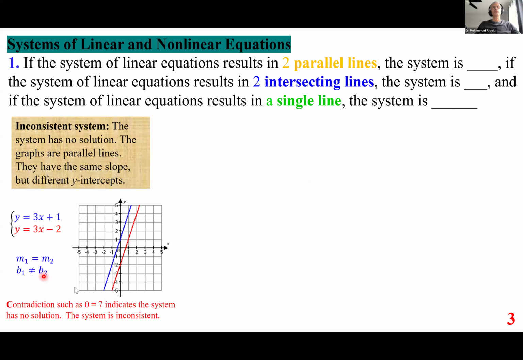If you go with addition method, for example, or substitution, you end up with a contradiction, such as 0 equals 7, which indicates there is no solution.